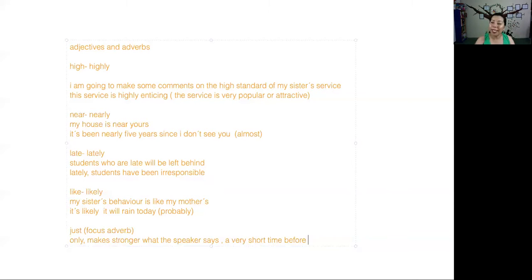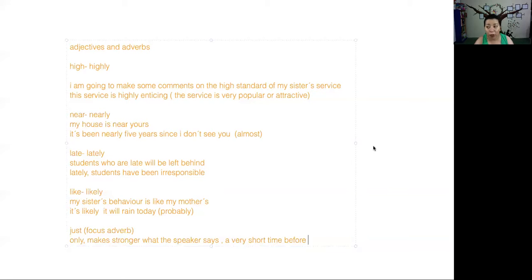Yes, this is a mini topic. This is not like a full or a whole topic. This is a mini topic that comes in the guide, and also in the TOEFL. We should know what the difference between them is. But also we should know that there is a wide range of adverbials, or adverbs. So if you want to find out more about this, you can write on the website that I have.